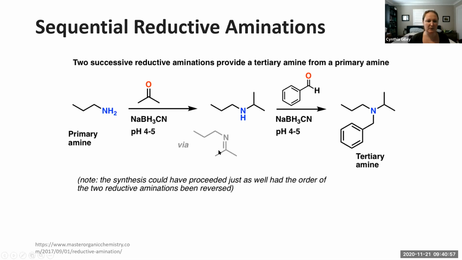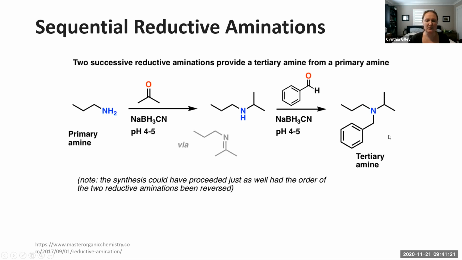Then this carbon-nitrogen bond would be reduced, and we would end up with N-isopropyl propanamine. From here, we could further react the secondary amine with, for example, benzaldehyde. A reductive amination with benzaldehyde would produce a tertiary amine where we've added this N-benzyl group.